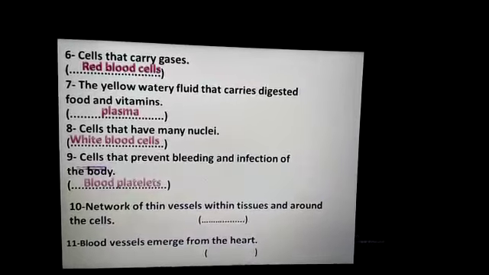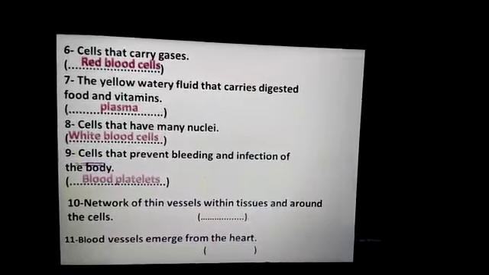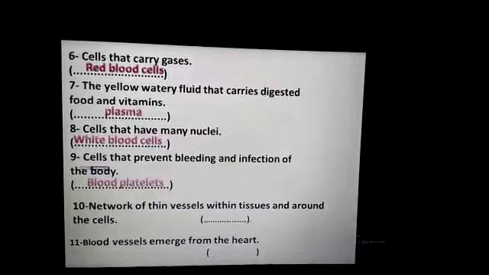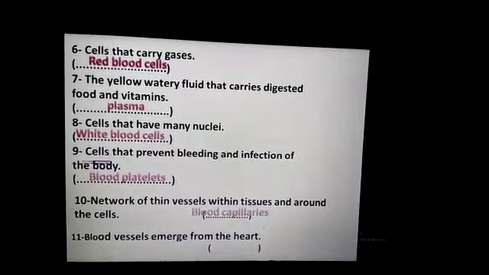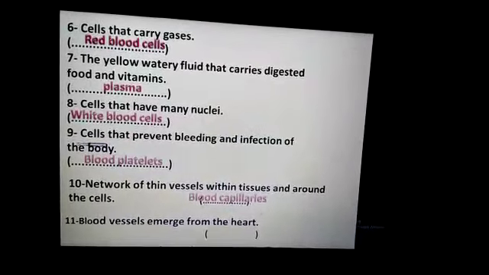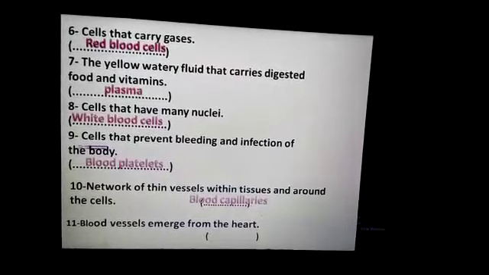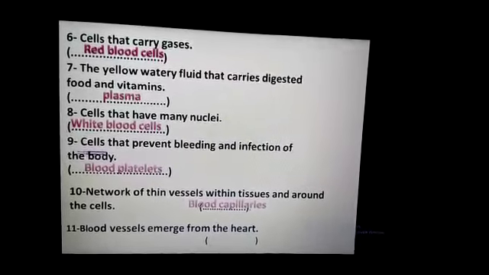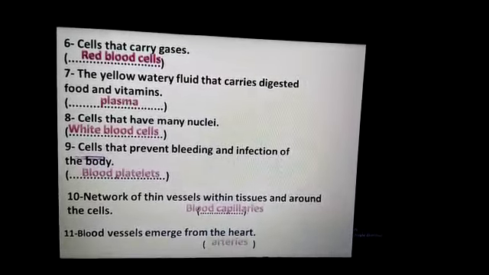Number ten, network of thin vessels within tissue and around the cells. The network of thin vessels within tissues and around the cells, as we said before, is blood capillaries. Number eleven, blood vessels that emerge from the heart, that come from the heart. They are arteries.